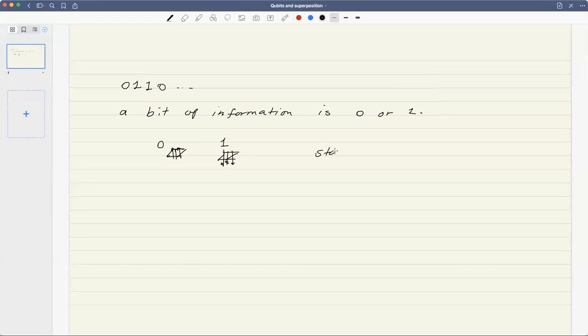So the state of a physical system corresponds to 0 or 1. So the assumption is that that physical system can have two states that we can distinguish.